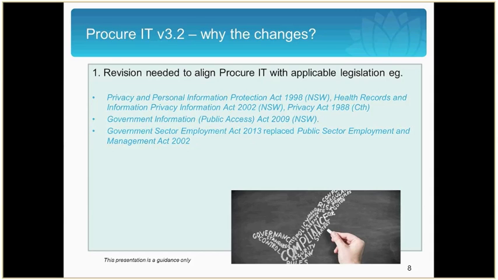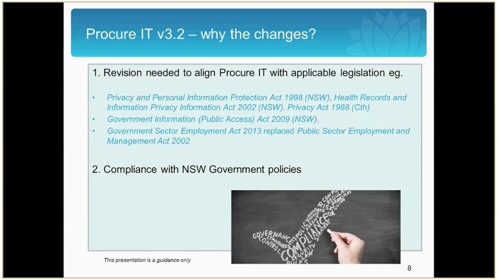For instance, the Privacy and Personal Information Protection Act 1998 New South Wales, the Health Records and Privacy Information Act 2002 New South Wales, the Privacy Act 1988 Commonwealth, and the Government Information Public Access Act 2009 New South Wales.